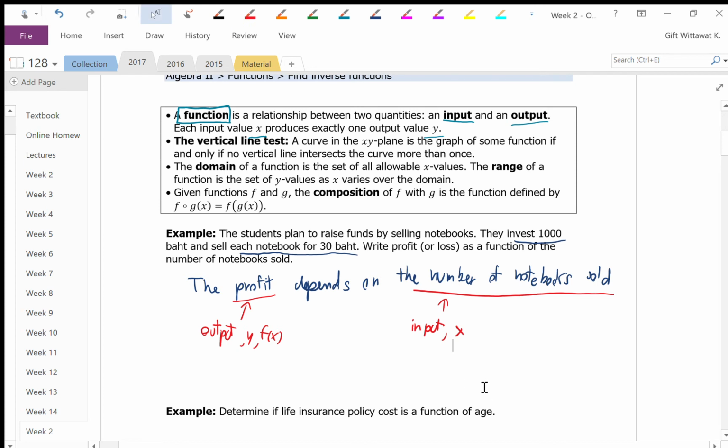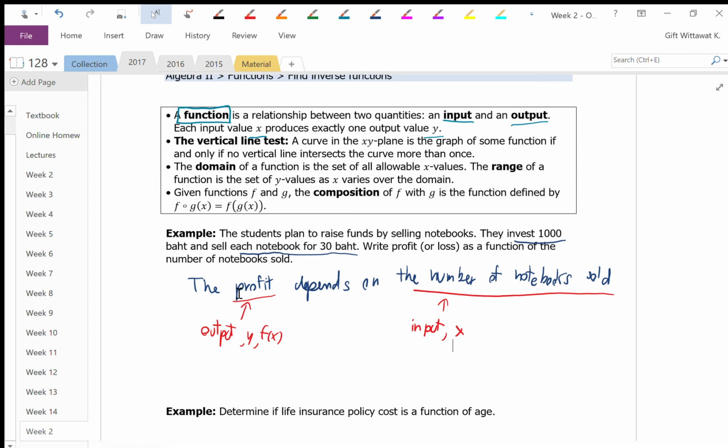So you can see for each input value of x, depending on how many notebooks I sell, that's going to mean exactly one value of the profit. So if I sell 3 notebooks, then I can determine exactly what my profit is. Once I know x, the value of y is deterministic.